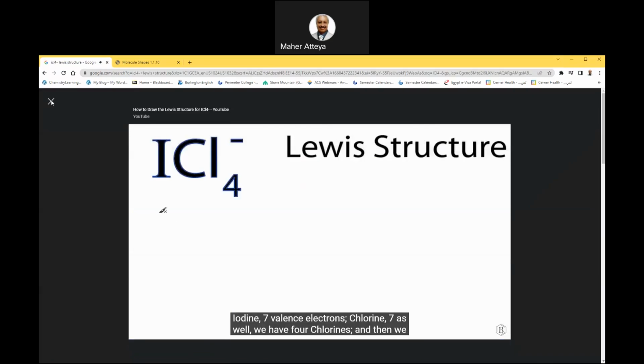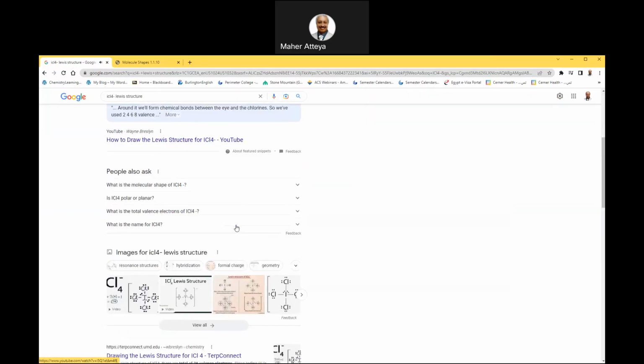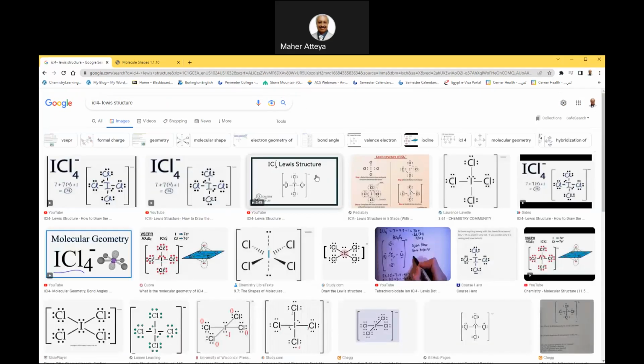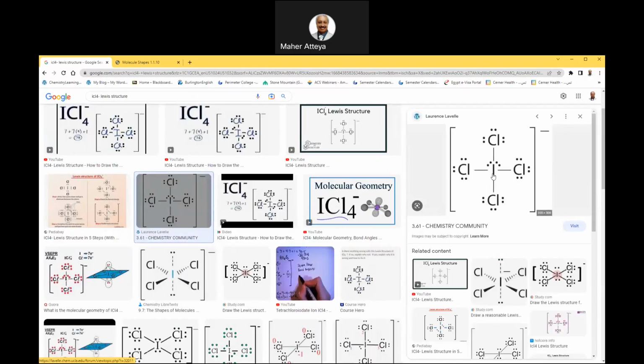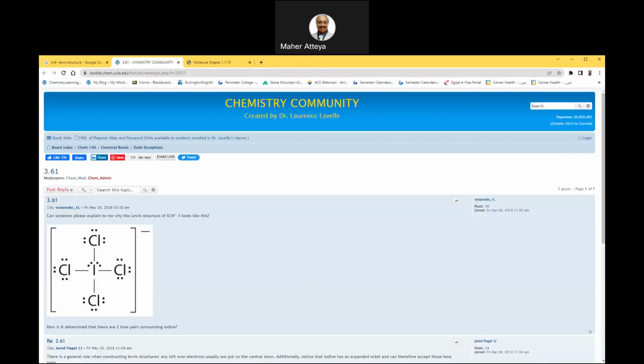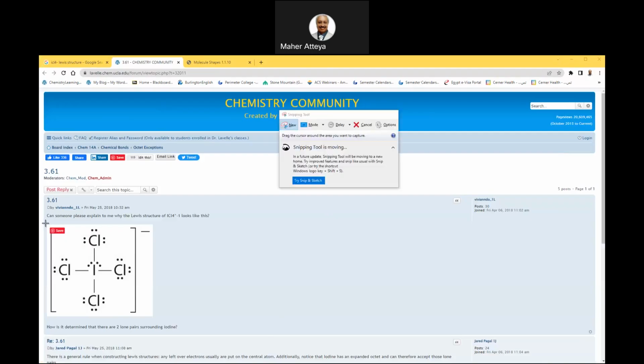Or you can just draw it here. You can take the images, do an image search, and here we are, there are lots of structures of the compound itself. One of them is this one. Get to the source, take the text snippet here, and just take this one.